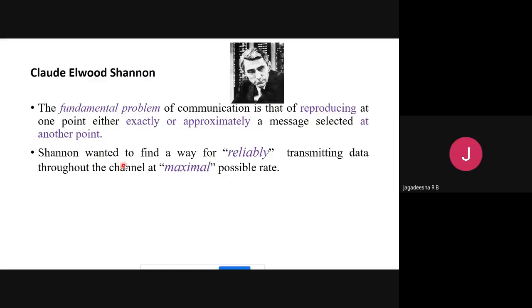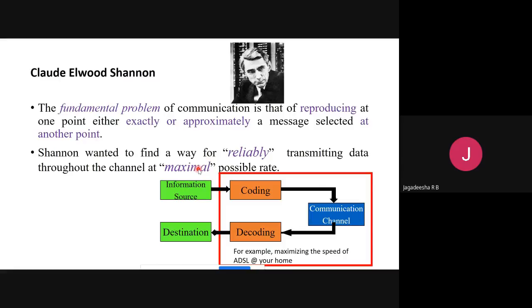He wanted to find a way for reliability. He wanted to send the information from one point to another point through some channel reliably. Reliable in the sense that it can be transmitted with the minimum errors or minimum deviations and at the maximum transmission rate. For example, you have heard about different data rates. If you use a 4G cell phone, then you have the download rate.